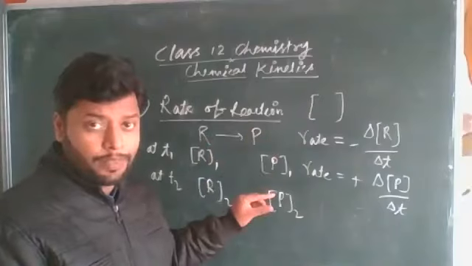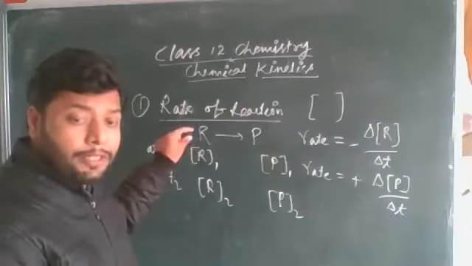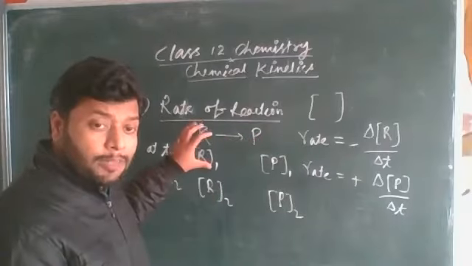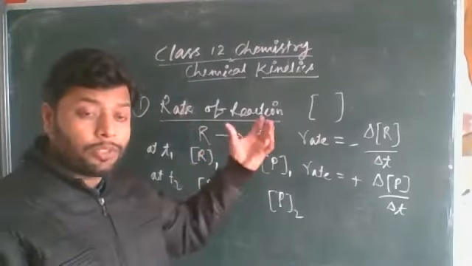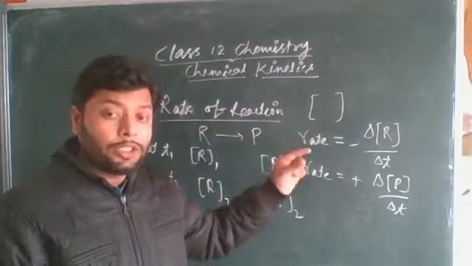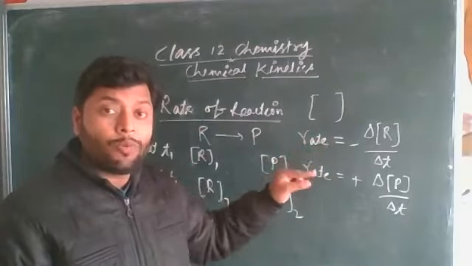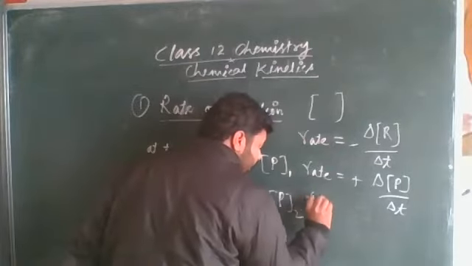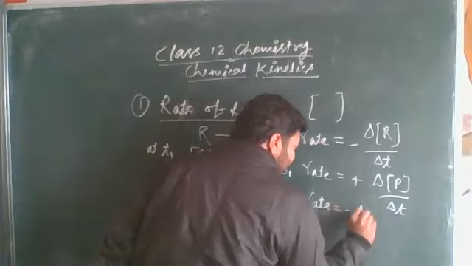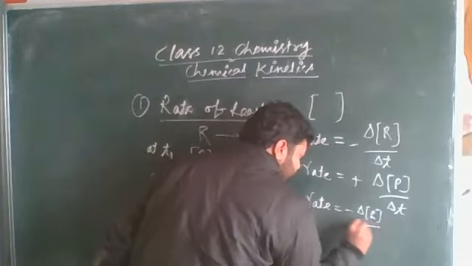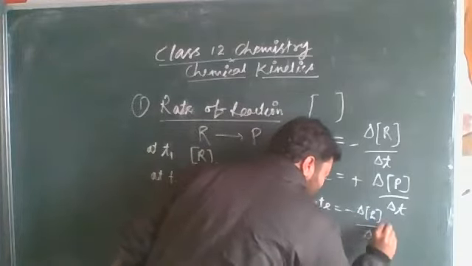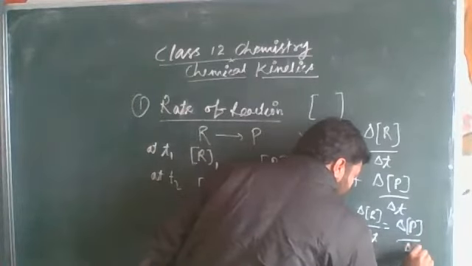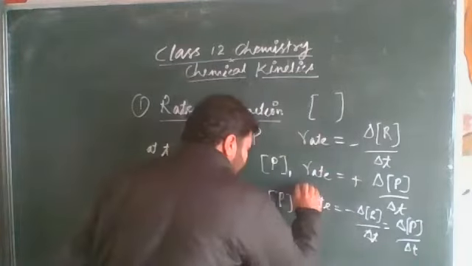The stoichiometric coefficients are the same for reactants and product, so the consumption of reactants equals the appearance of product. So both equations can be equated, and we can write: rate equals minus delta R by delta T equals delta P upon delta T.